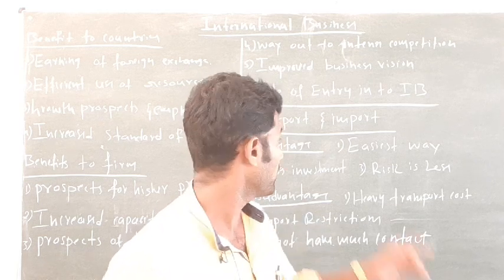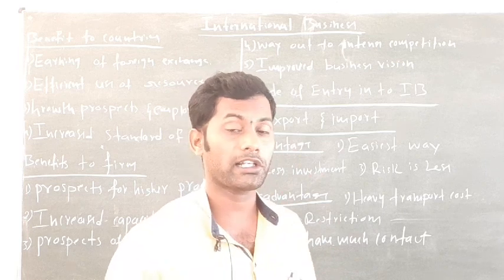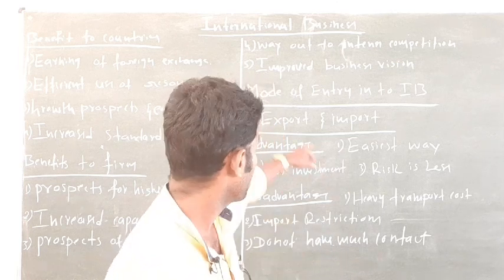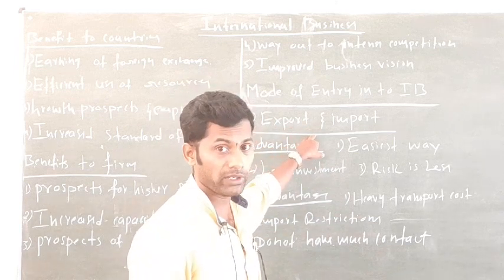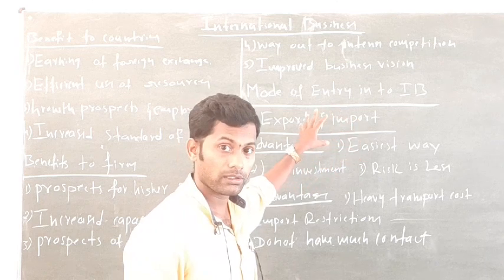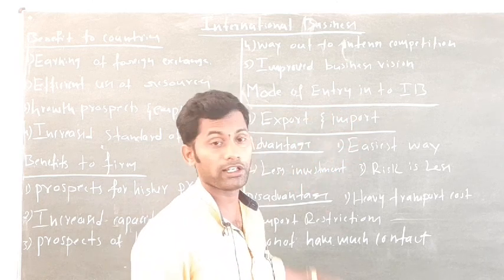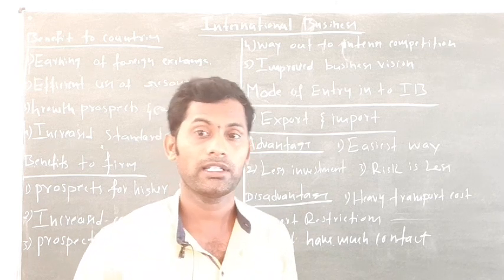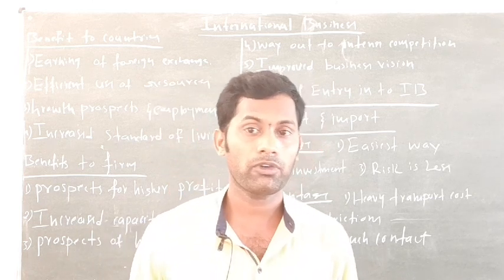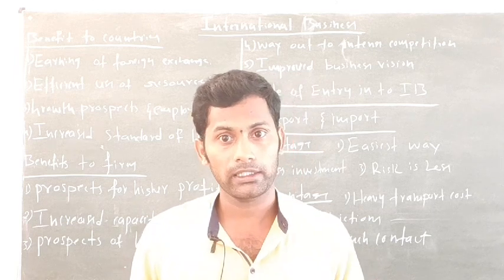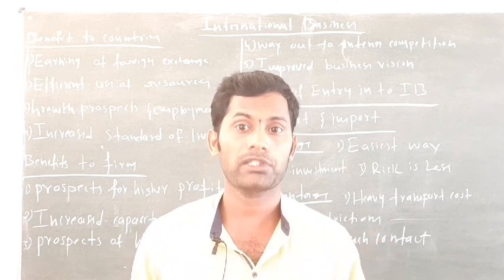I repeat, export and import is one way to enter international business, whereas the other ways are licensing and franchising, contract manufacturing, joint venture, and fully or partially owned subsidiary.